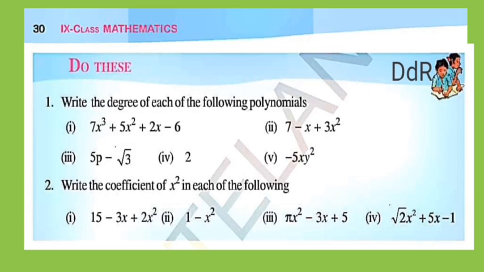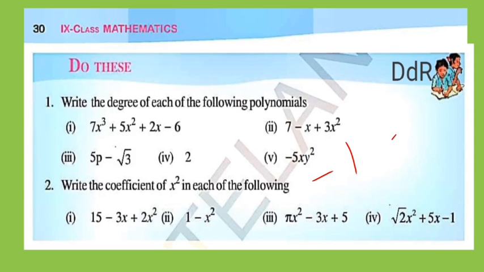So here the x square coefficient is plus 2. So coefficient is nothing but the number multiplied beside x square. So that multiplied number is the coefficient of x square. So plus 2 is the x square coefficient in the first question. Next, in the second question, what is the number multiplied with x square?